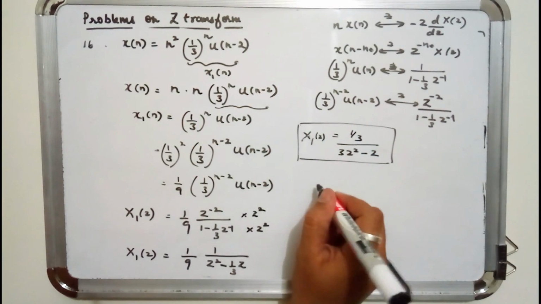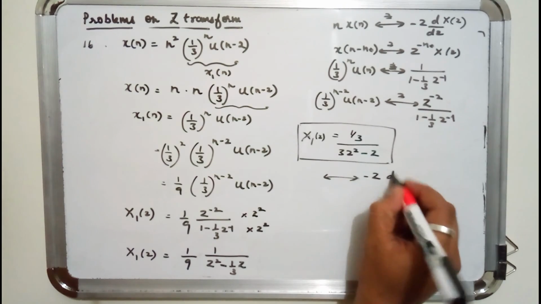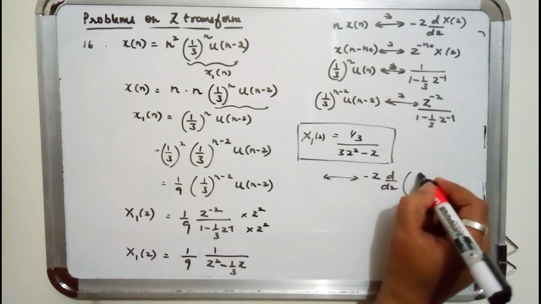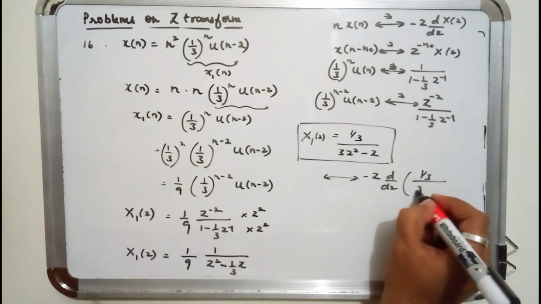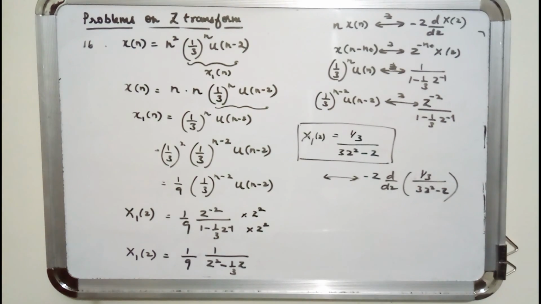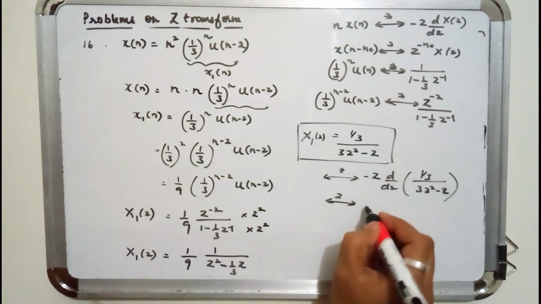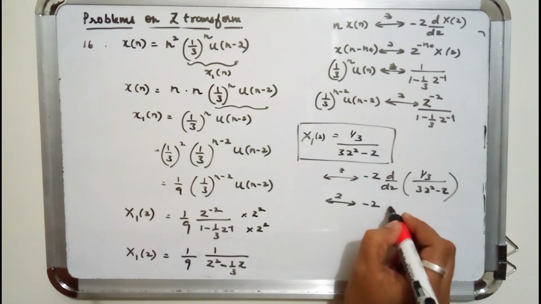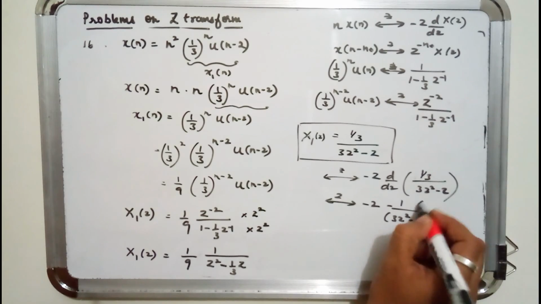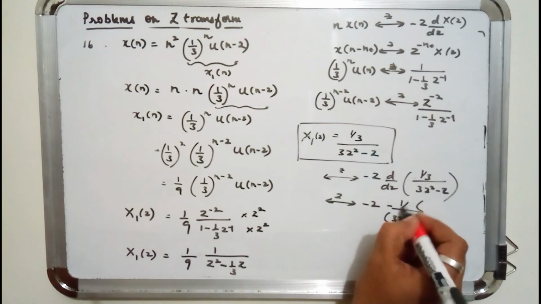So for the first n, the z transform is minus z into d by dz of 1 by 3 by 3z square minus z, right? So this would be minus z, this is minus 1 by 3z square minus z whole square into differentiation of this term, there is 1 by 3 here.